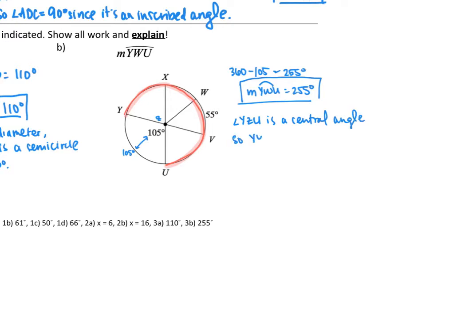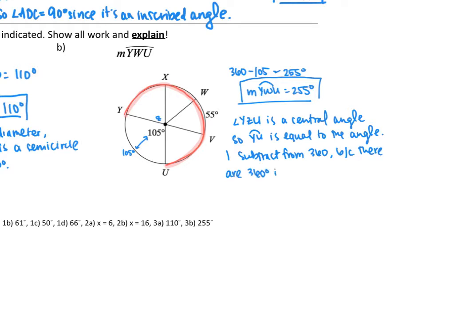So arc YU is equal to the angle. And then I subtract from 360, because there are 360 degrees in a circle.